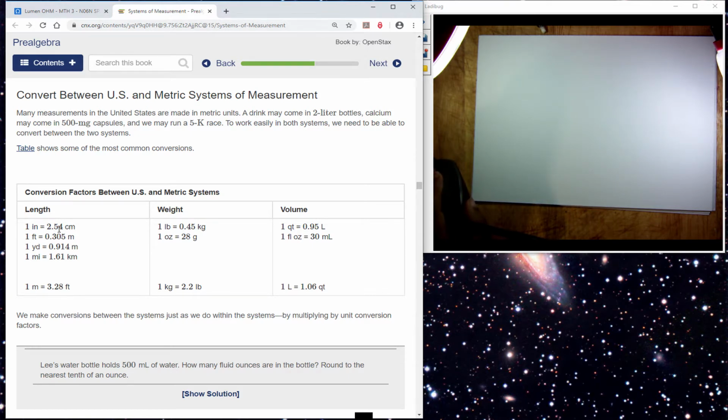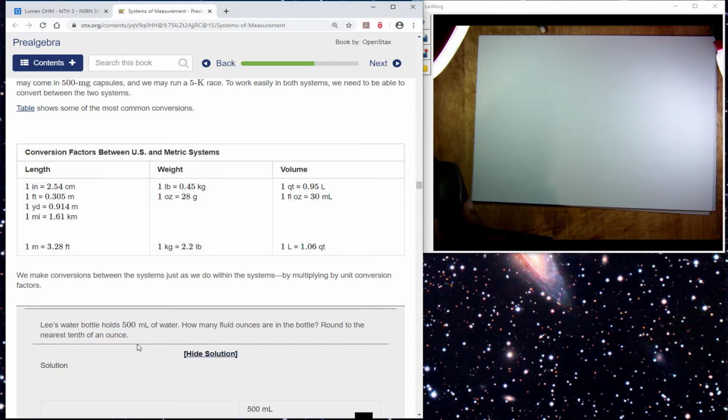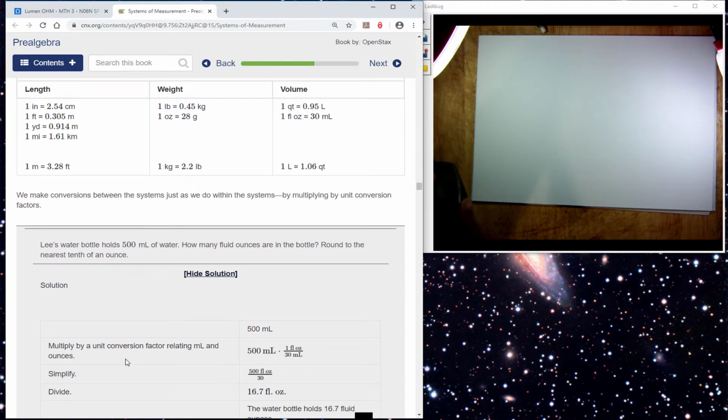You do it the same way we did before: multiply by the unit conversion fraction. For example, Lee's water bottle holds 500 milliliters of water. How many ounces is that?